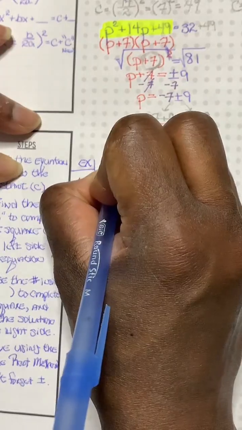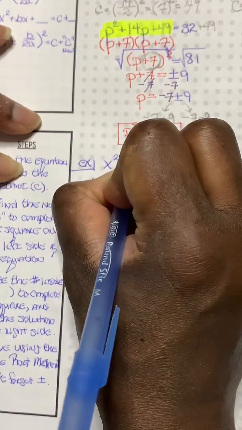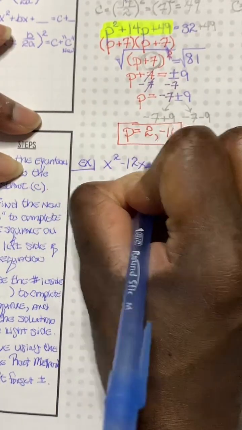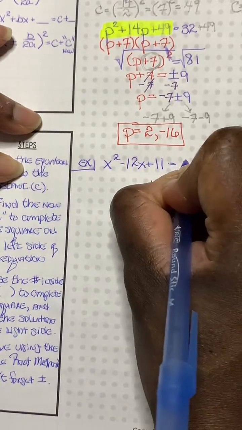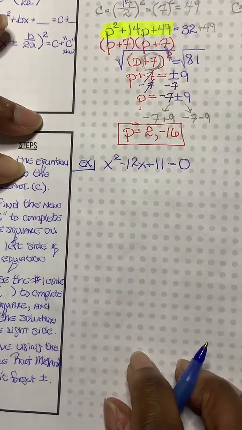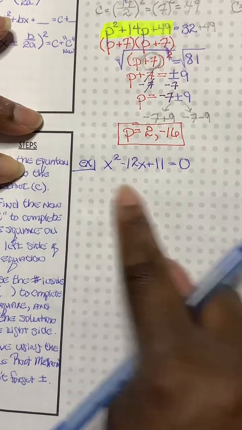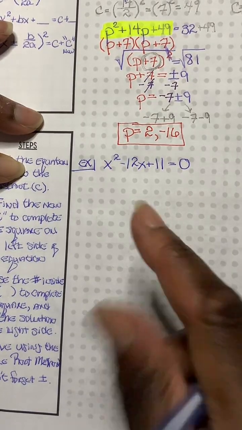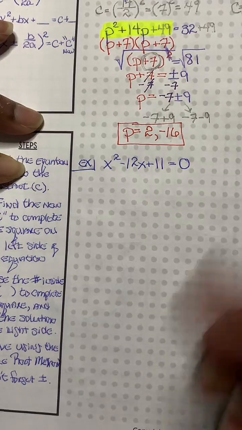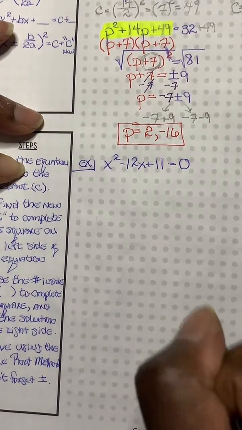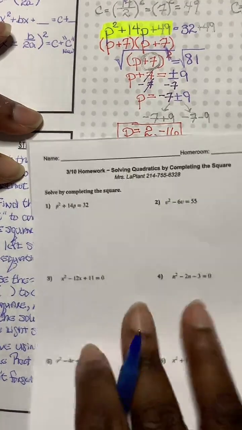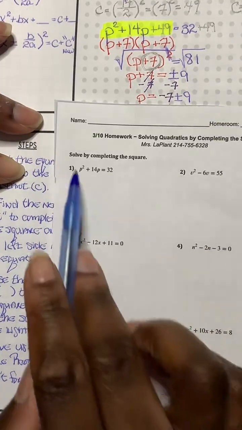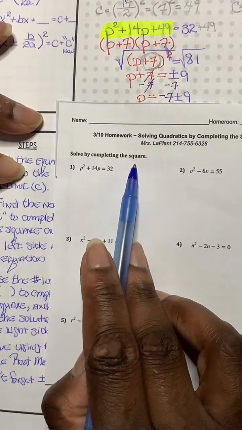Okay. So x squared minus 12x plus 11 equals 0. Now, if they said just go ahead and straight factor this, we can. But they want us to do it by completing the square. That was the instruction. If you think I'm lying, here's my little paper that I'm using. And it says, solve by completing the square.